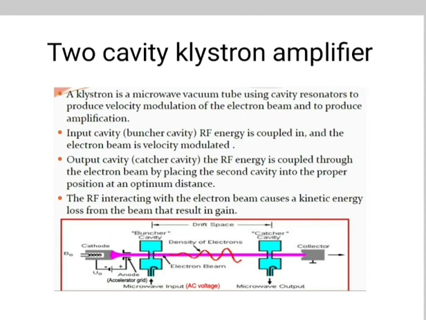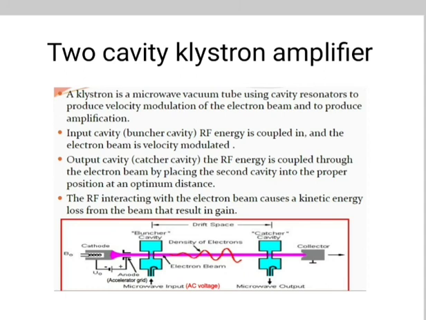This diagram shows a klystron. It is a microwave vacuum tube using a cavity resonator to produce the velocity modulation of the electron beam and to produce amplification. In the input cavity, the RF energy is coupled in and the electron beam is velocity modulated. Then in the output cavity, the RF energy is coupled out of the electron beam by placing the second cavity in the proper position.